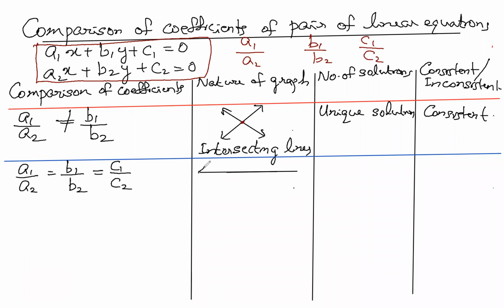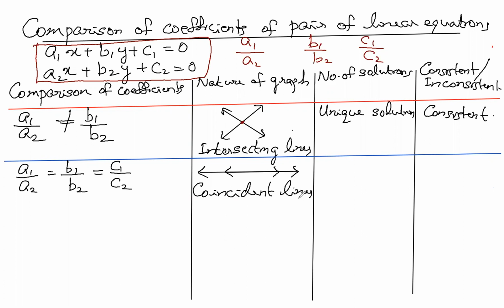So this is the first line, and the second line is over the first line, like this. This type of lines are coincident lines. So if A1 by A2 is equal to B1 by B2 is equal to C1 by C2, then these are coincident lines.